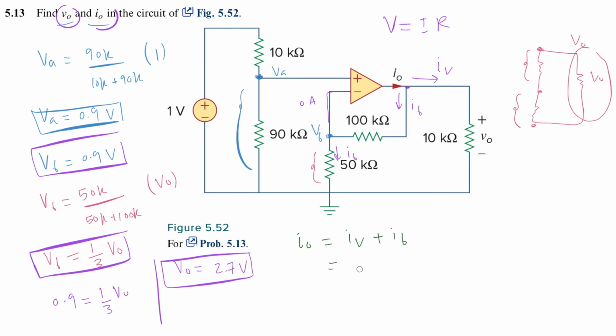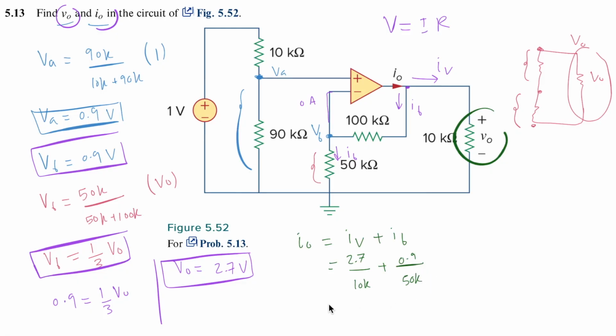Again, you can call it I1, I2, whatever. So IV is what? It is the voltage across this resistor. So it is V naught over 10K. We know V naught, so we could write it directly, 2.7, and IB is VB, which is 0.9 over 50K.